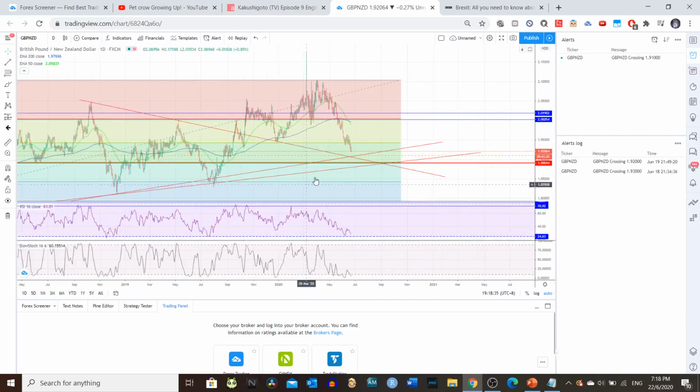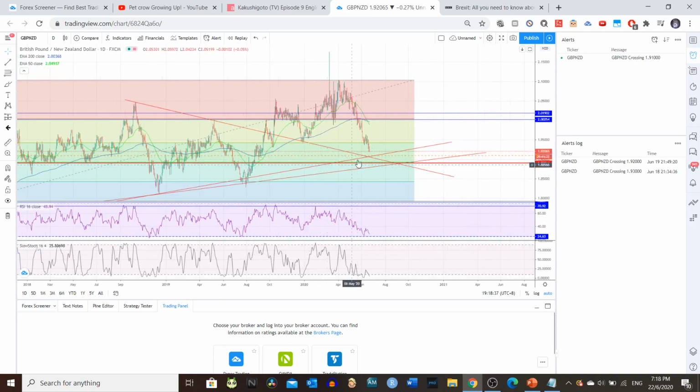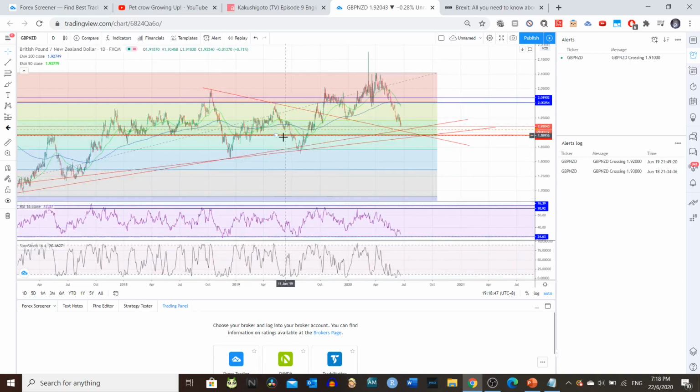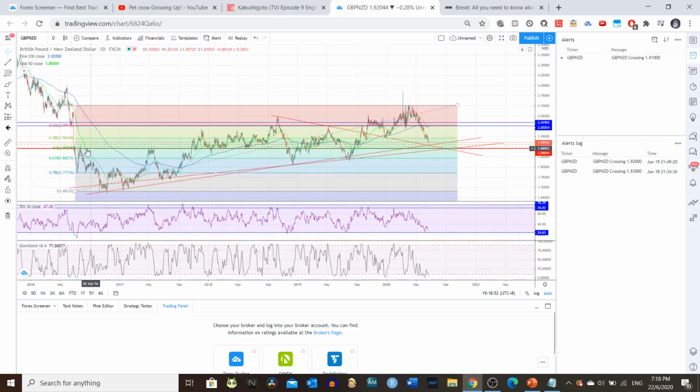And now the price is actually coming into this area where there's a lot of confluence. So this will be the 1.89 mark, right? Currently I have a buy order at the 1.89 mark, because if you look at the levels, it coincides with a lot of support and resistance.